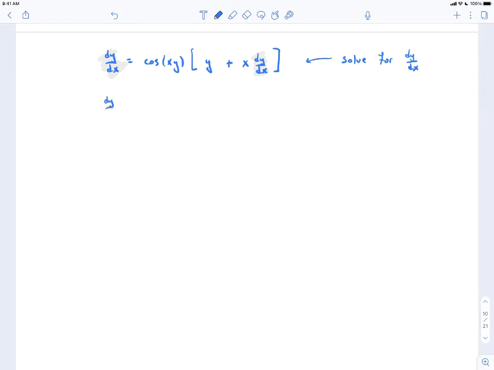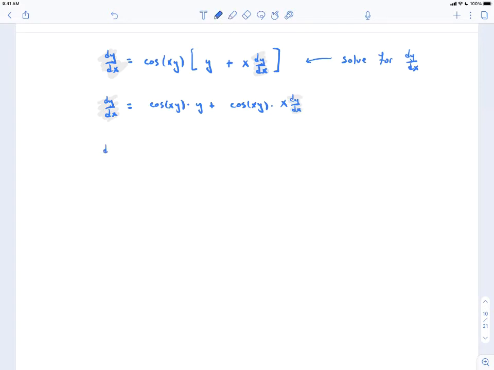So dy/dx is equal to, let's distribute this cosine of xy. So cosine xy times y plus cosine xy times y times x dy/dx. We want to get all of these dy/dx's on the same side.